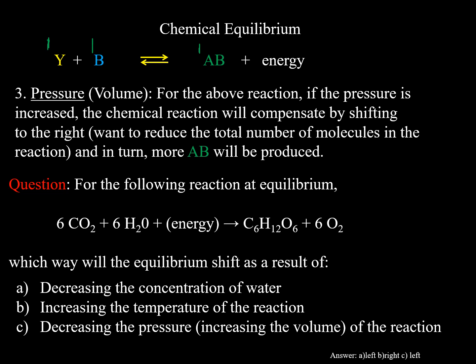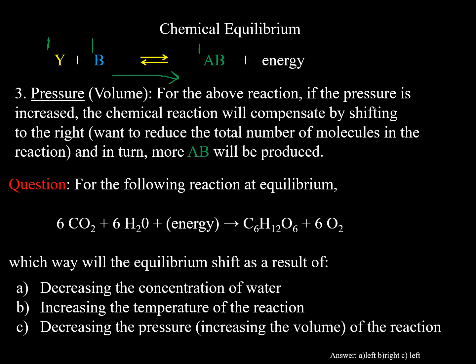So what happens if we increase the pressure? The volume gets smaller. We want the reaction to compensate for having a more confined space. And we have more molecules on the left. Therefore, the reaction will shift to the right so that we have fewer molecules in the given space.